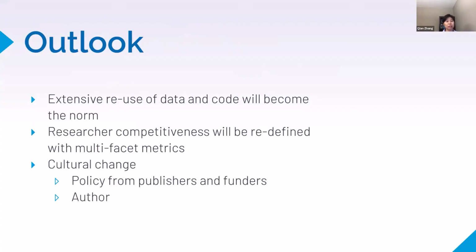The outlook is that extensive reuse of data and code will become the norm. Researcher competitiveness in the science field can also be enhanced by increased access to software and code, to attain productivity and efficiency benefits that will become possible when extensive reuse of software becomes the norm.